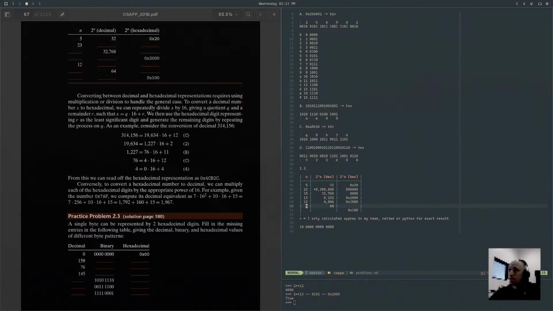And then you have 1, 4, which is 0. Then you have a 2, which would be, I think, 2.